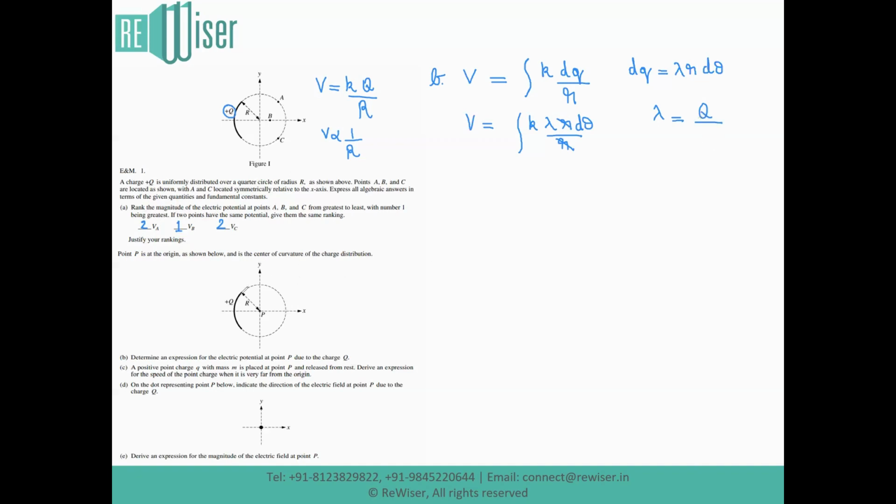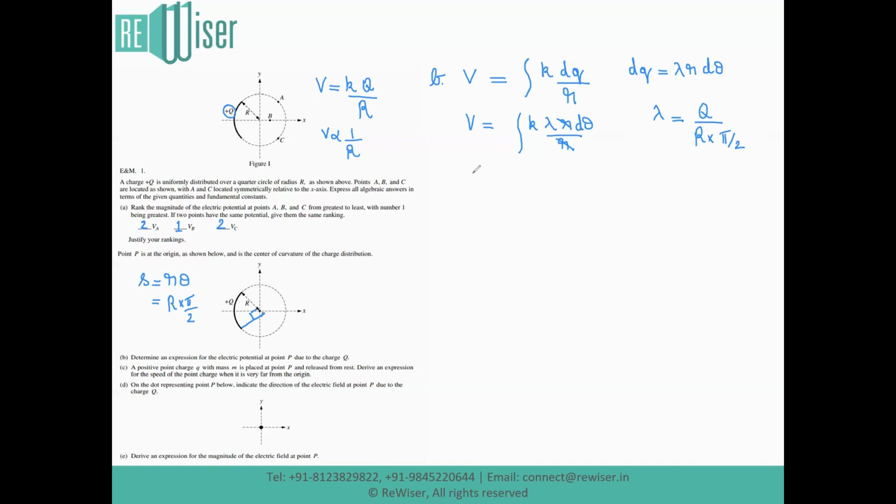But since here the length is an arc, the length of an arc is given by the formula S equals R into theta, where R is the radius, theta is the angle subtended. Let us assume for our sake that the angle subtended is a perpendicular angle of pi by 2. So the length of the arc S is R into pi divided by 2.